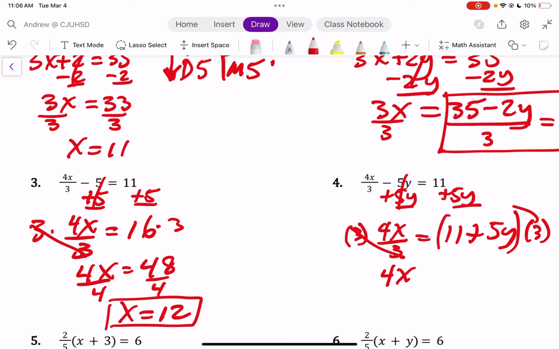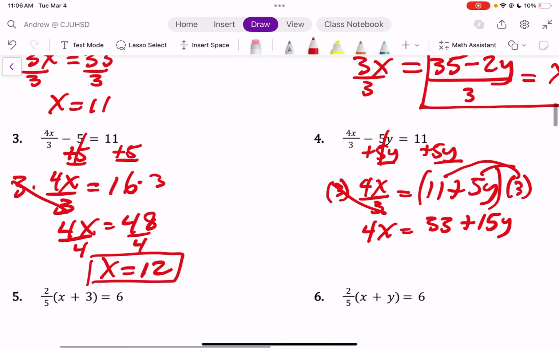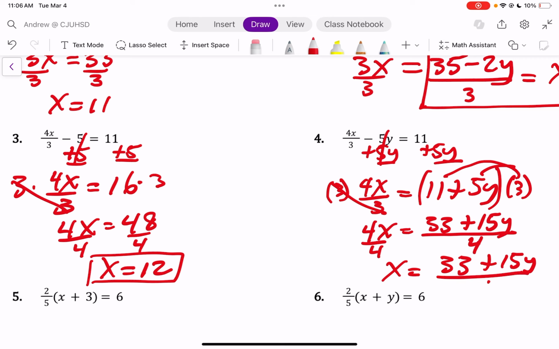So we're going to have to distribute the 3. 33 plus 15y. And finally, we'll divide everything by 4. So there's your x. 33 plus 15y divided by 4. It's a formula, because we don't know what y is.